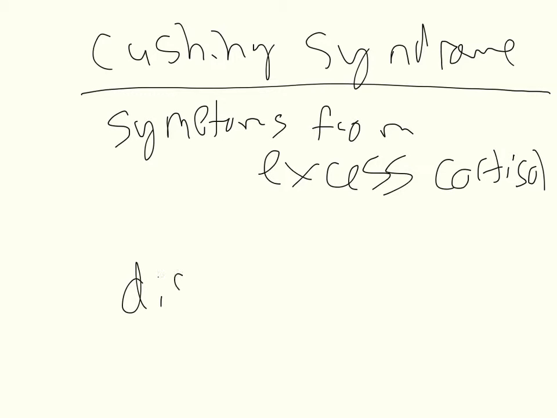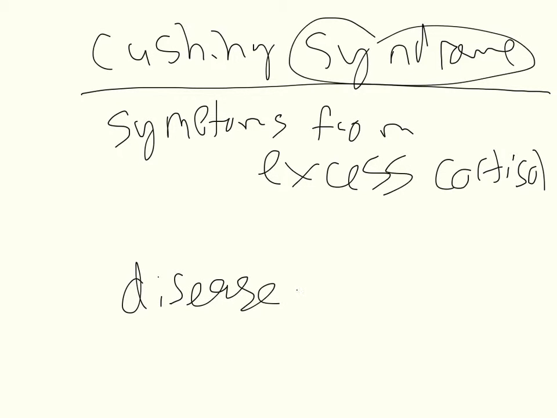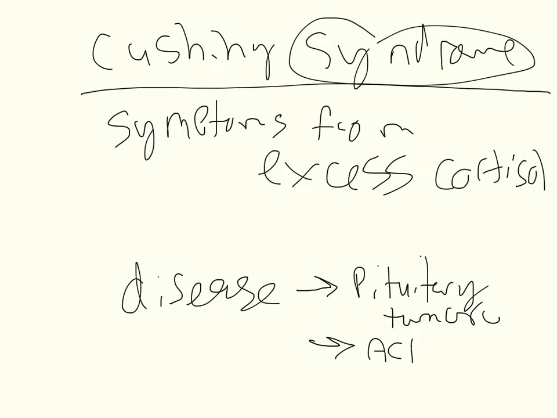Cushing disease is a specific type of Cushing syndrome in which you have a pituitary tumor that is secreting ACTH in high amounts.